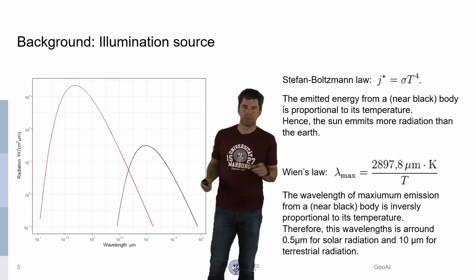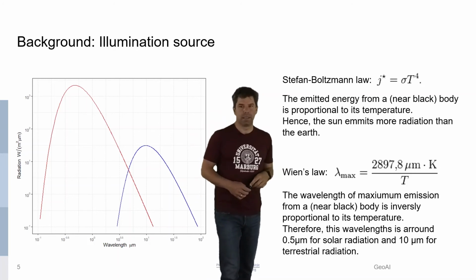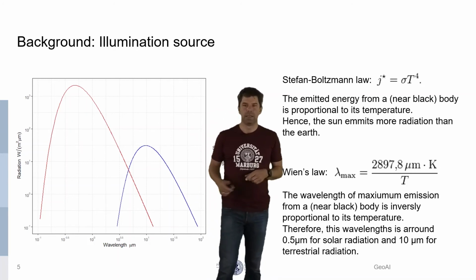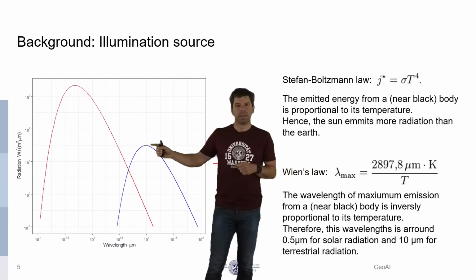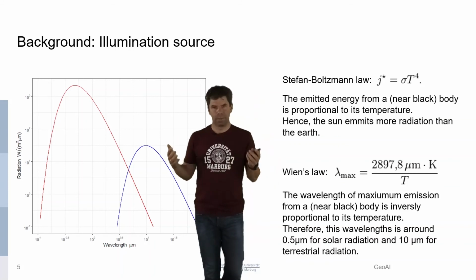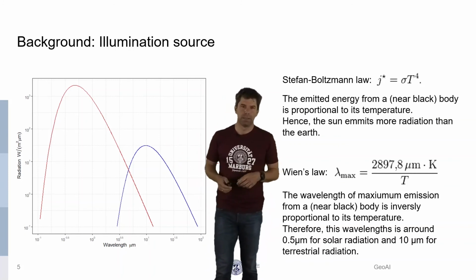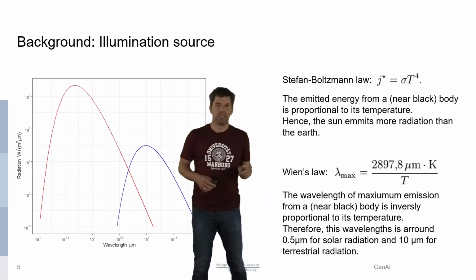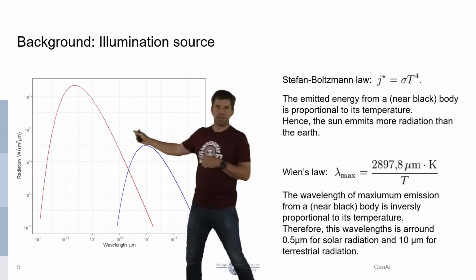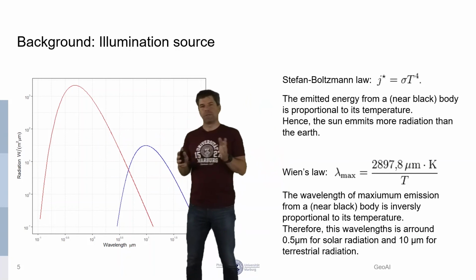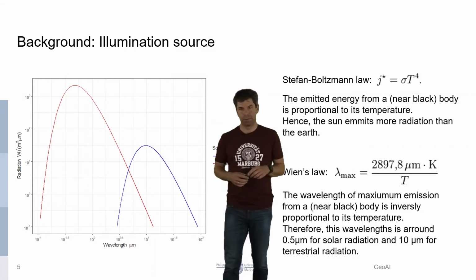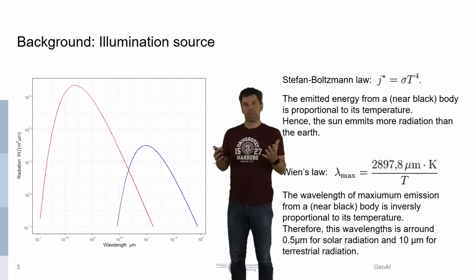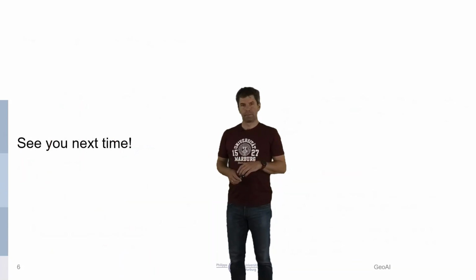And you see that inverse relationship in that equation: this lambda max, the wavelength where the maximum energy is emitted, is inversely related to the temperature. So for the sun, around 0.5 micrometers is the region where the maximum radiation is emitted, and that's somewhere in the green spectrum of the visible light, where we get this energy income. See you next time.